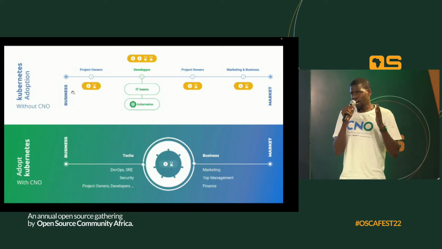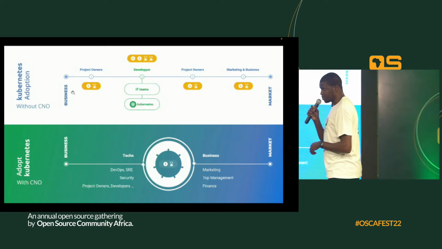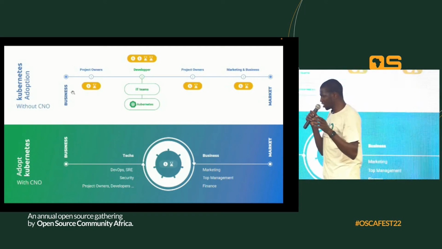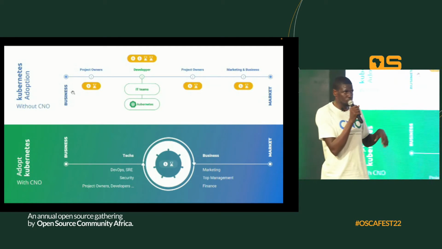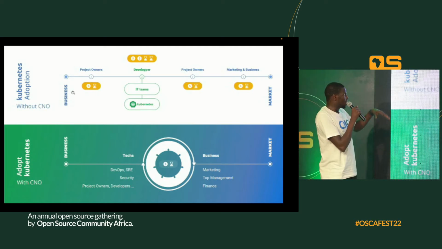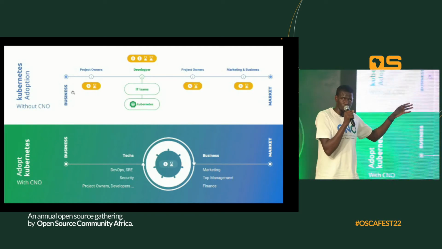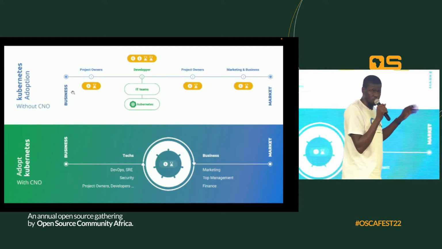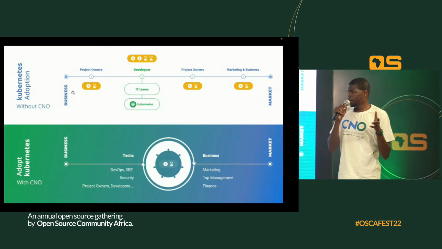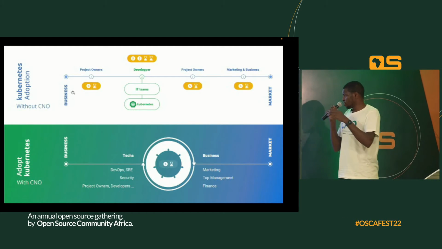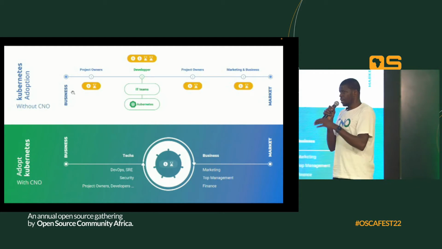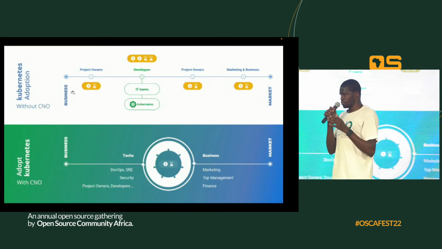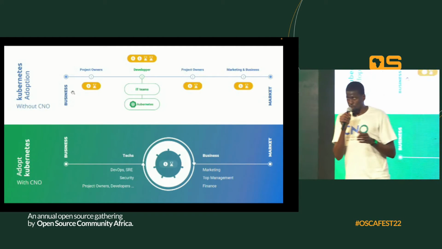So you have a gap between the IT team that are adopting this technology very well and the rest of the organization. You have the product owners, the developers, and even the business teams. Most of the time, for example, marketing teams have their own loop of innovation, and the technical side also has its own loop, which is a huge gap.